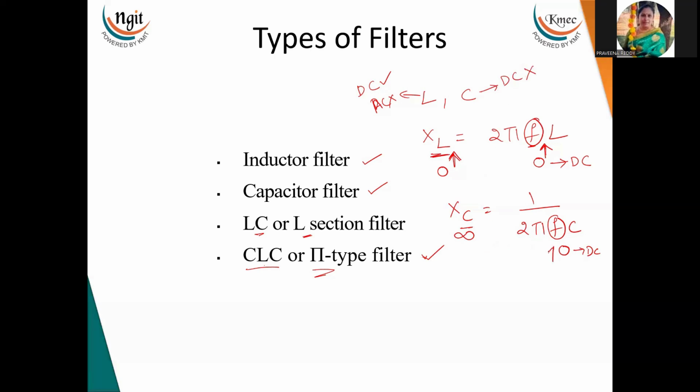As the frequency increases, the capacitive reactance reduces, so it offers low reactance to the AC component and allows the AC. So the capacitor allows the AC and blocks the DC, while the inductor allows the DC and blocks the AC. Based on this, we are going to analyze the operation of these 4 filters.